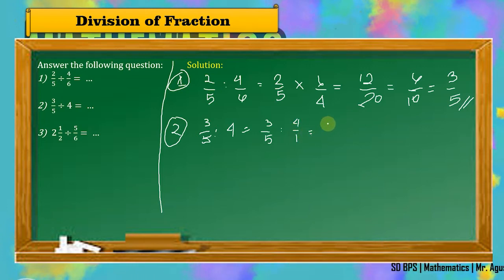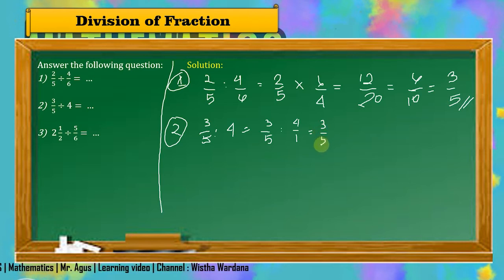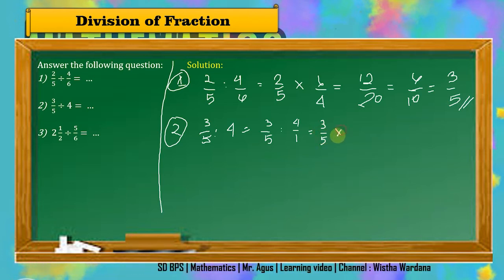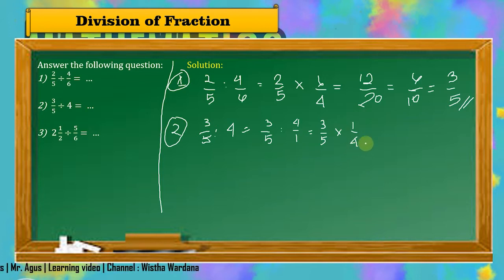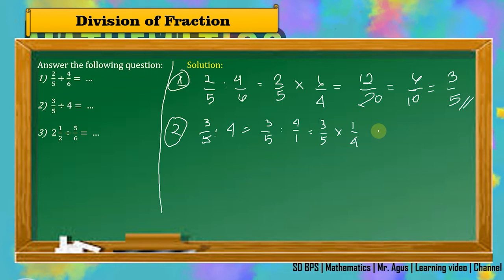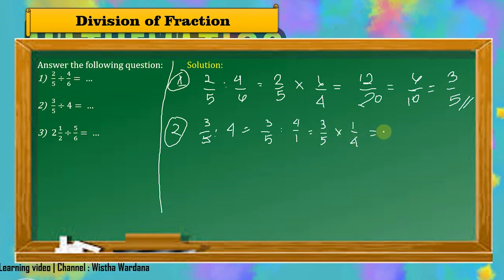After that, you change the division sign to a multiplication sign. So the first fraction is still 3/5, the division sign becomes a multiplication sign, and the second fraction becomes 1/4. So the previous step you have 4/1, and the next step you get 1/4. Remember this because this is the most important thing in division problems. So after that you just multiply 3/5 by 1/4. So you got 3/20.